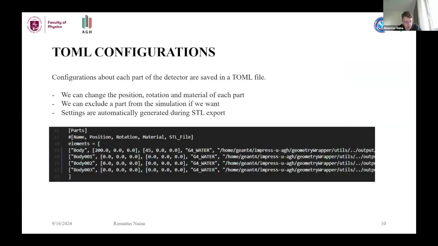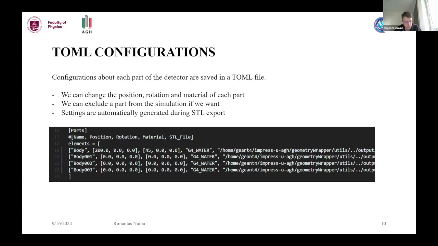The settings for each detector part are stored in a TOML configurations file. The file has a list of parts we want to include in the simulation, and it has the path of each STL file. We can also adjust the position, rotation, and material of each part. We can exclude some part if we want to.